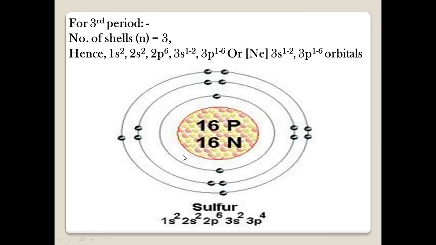Let's see another element of the third period, that is sulfur, which has 3 shells: 1s2, 2s2, 2p6, 3s2, 3p4. Here we know that there are 16 protons and 16 neutrons, whereas 16 electrons are there.